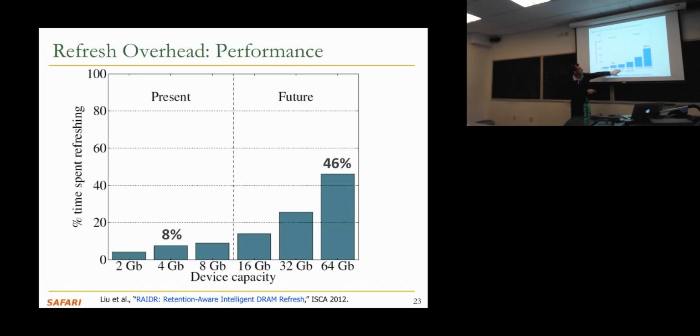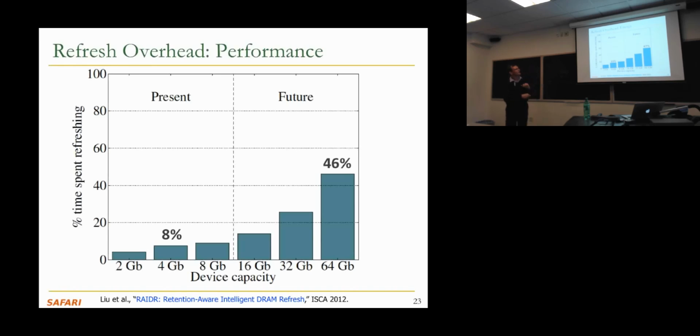So we want to keep memory large. But if we keep DRAM large, basically 46% of its time will be spent refreshing. Half of the time it will be unavailable. It sounds pretty bad, right? If we keep the current way of doing refresh, every 64 milliseconds, or every n milliseconds.